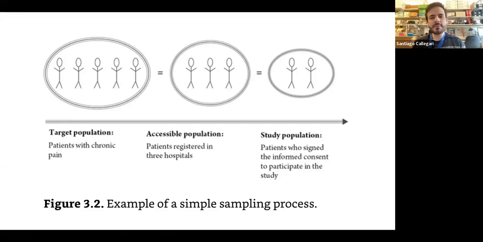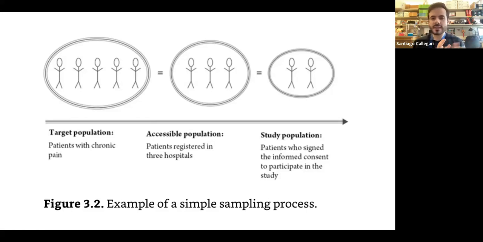However, not all the patients that go in the hospital will be in your study because of a number of reasons. You may have exclusion criteria. You may not want patients that are very sick. For example, if a hypertensive patient is having sepsis in the ICU, you maybe are not interested in that specific patient. So that patient is excluded, even if accessible.